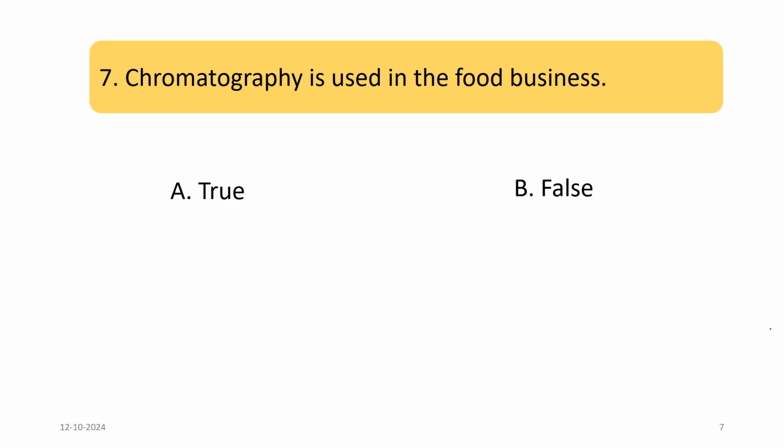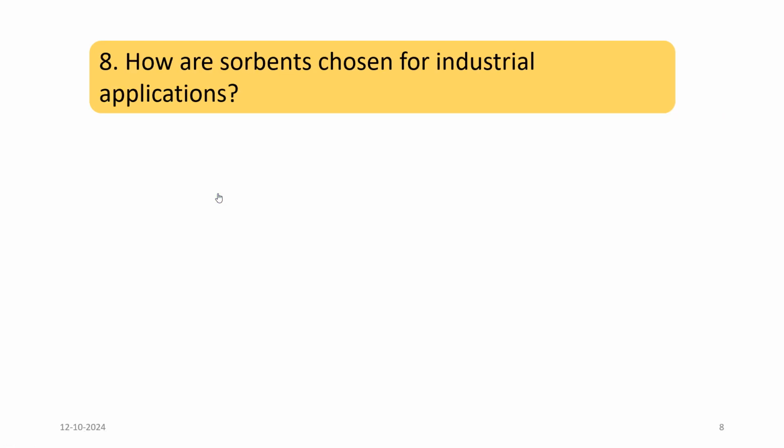How are sorbents chosen for industrial applications? So the sorbent has to have a high selectivity towards the molecule, to enable sharp separation.